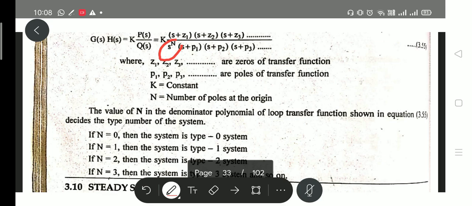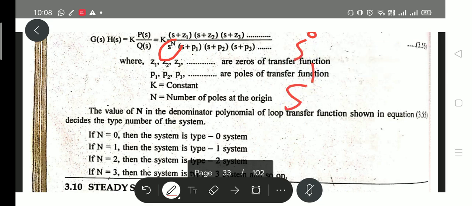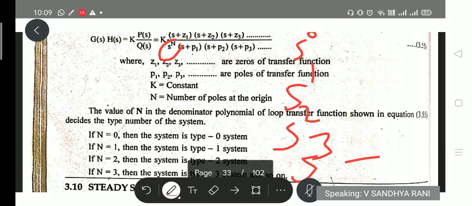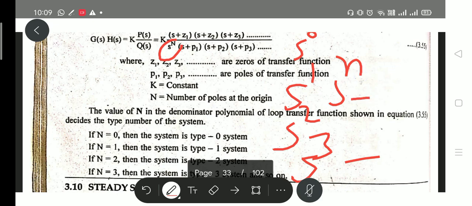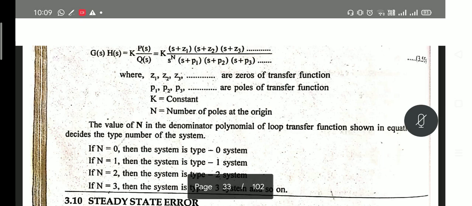If n is equal to 1, s power 0 means type 0, s power 1 means type 1, s power 2 means type 2, s cube means type 3 system, and so on. If it is s power n, then that system is a type n system. These are the type 0, 1, 2, 3 systems.